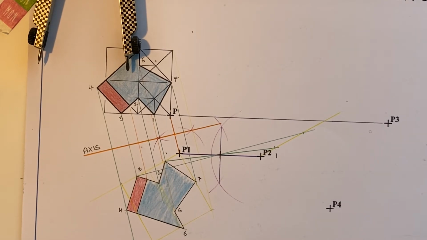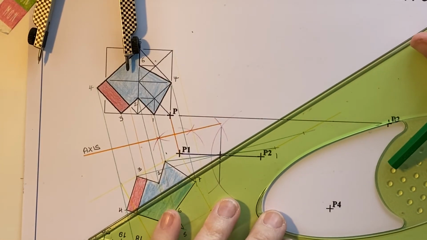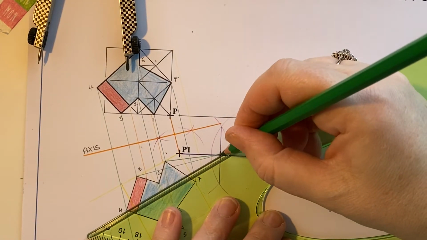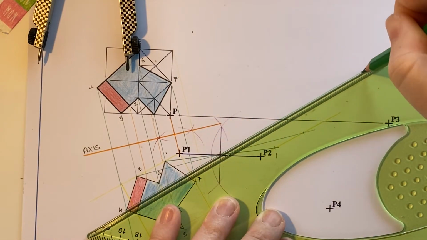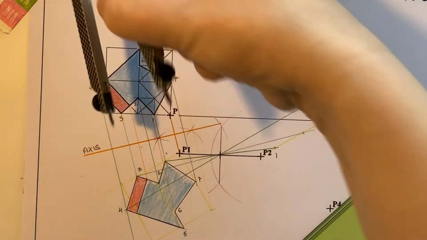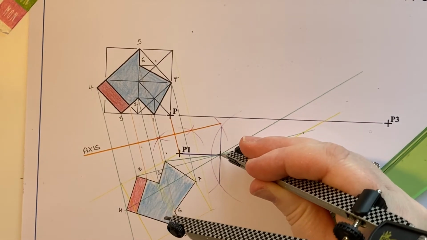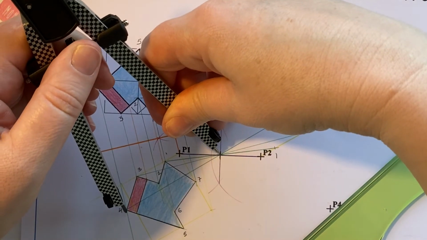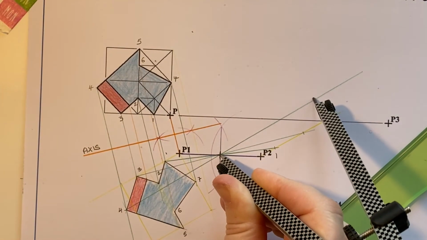So next point, number 4. Through the central symmetry line, compass to 4, turn and reflect.